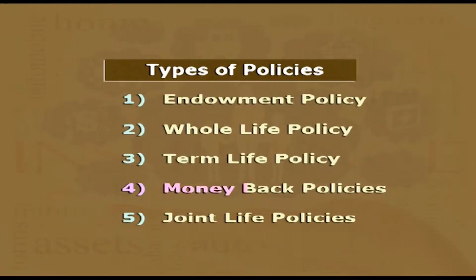Number 4. Money back policies. Unlike ordinary endowment insurance plans where the survival benefits are payable only at the endowment period, money back policies provide for the periodic payments of partial survival benefits during the term of the policy as long as the policyholder is alive.